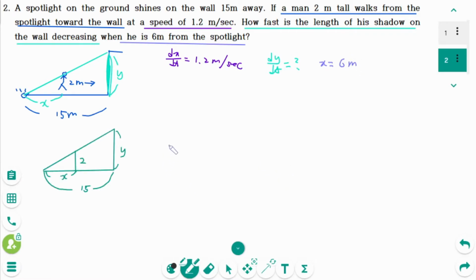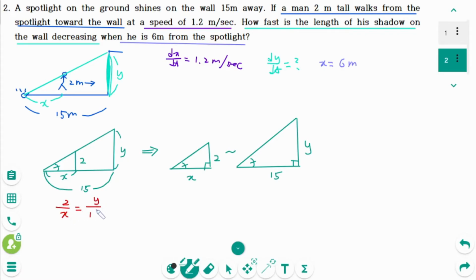If we redraw this situation a little more simply, then these two triangles are similar because they are both right-angled triangles, and this angle is the same. We can set up 2 over x equals y over 15, then cross multiply: xy equals 30.